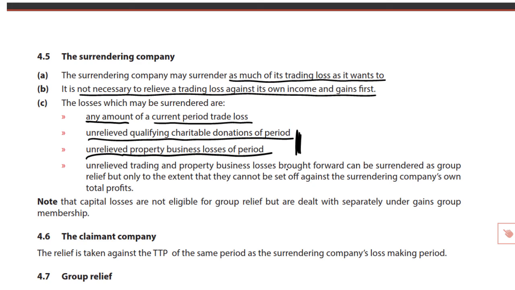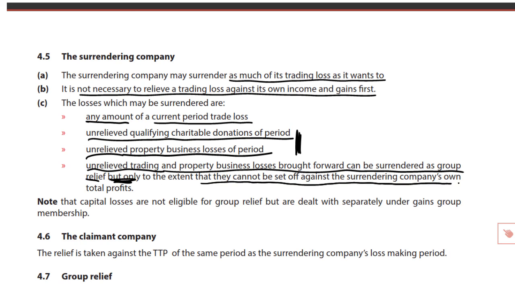But then we have something else, again a note that we made earlier, and a point that we illustrated again with our little example. If we've got unrelieved either trading, as it was, but also property business losses that are brought forward, these too are now able to be surrendered as group relief, but only to the extent that they cannot be set off against the surrendering company's own total profits. So only a loss brought forward, be it trading, be it property business losses, be it the combination of the two.